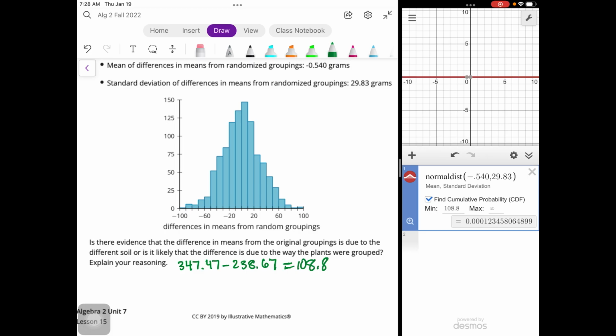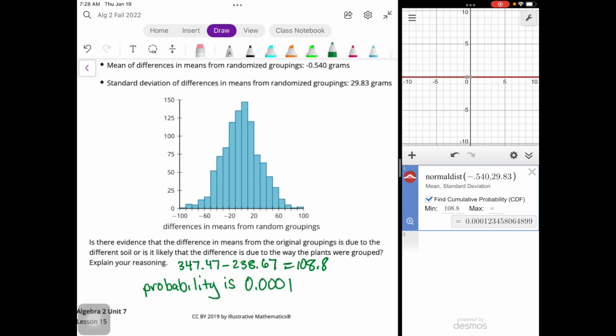If we use our calculator to look at the normal distribution with the mean being negative 0.540 and the standard deviation being 29.83, then we can find the probability of getting 108.8 as our difference or a higher difference. The probability is 0.0001.